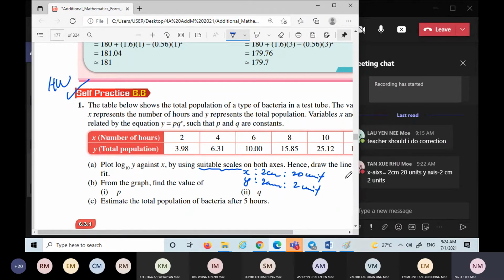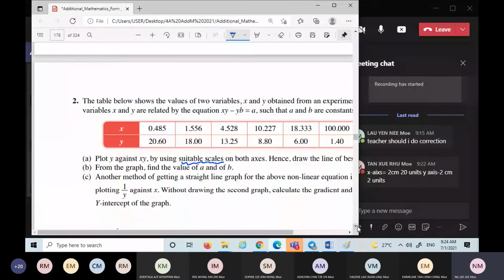If you have other from Cheryl, just mention this is for question number 1. Okay, now we go to question number 2. Siva, Izati, do you want to give the scale for question number 2?